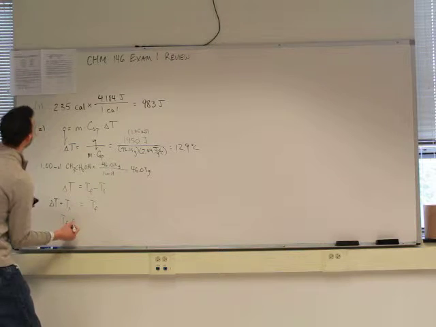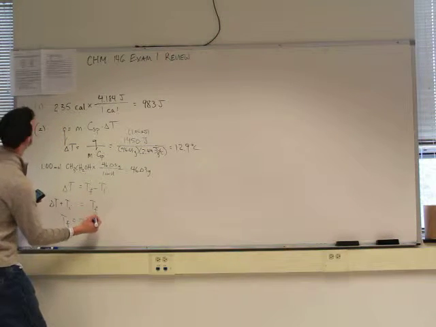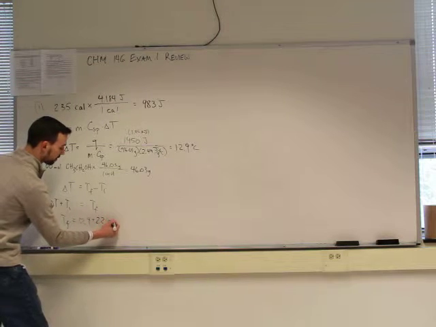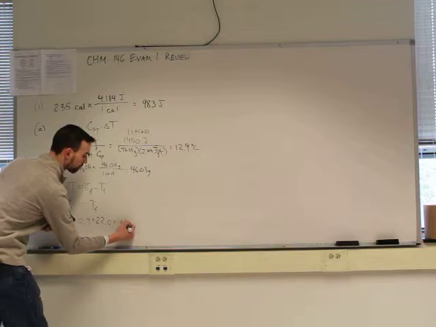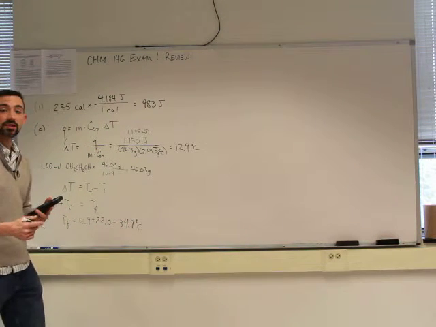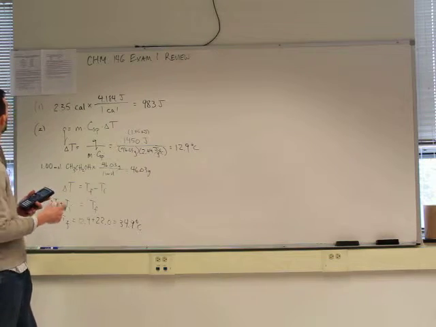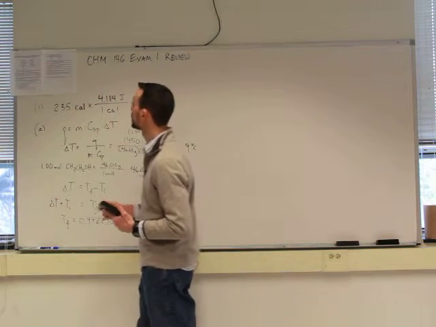So T final is this 12.9 plus our initial was 22.0. So 34.9 degrees Celsius should be our final temperature for this sample of ethanol.